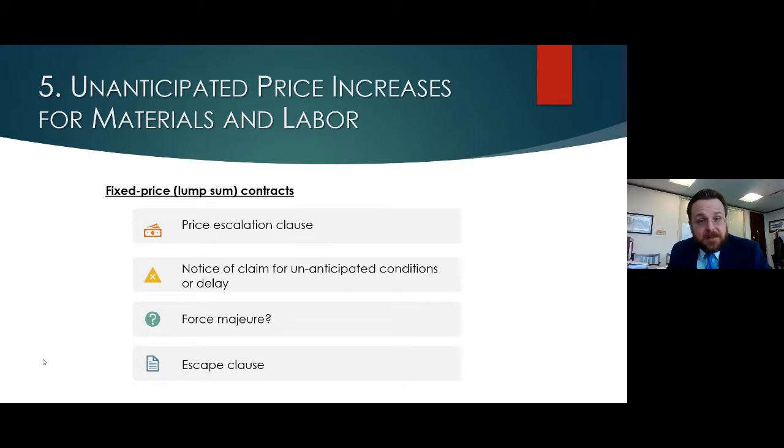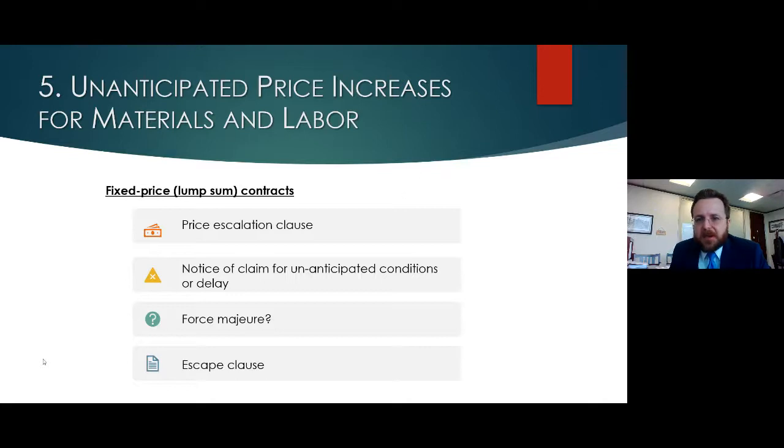Another idea is an escape clause. And what does that mean? That's where if prices skyrocket and get so extremely high that you no longer want to have a contract for that project, you want to terminate your contract and get out, they allow you to do so.